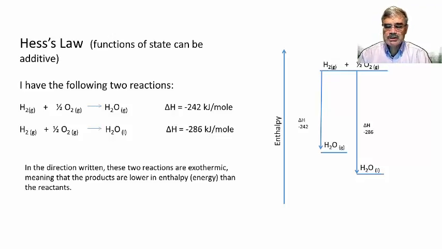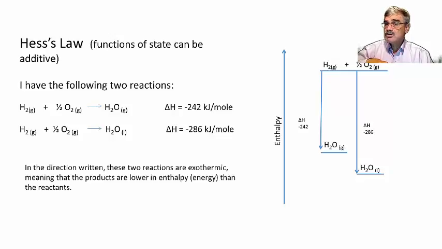Over to the right, I show an energy or enthalpy diagram, showing an energy level for hydrogen gas plus half an oxygen molecule, showing that if hydrogen gas and oxygen react together to form water, they will go downhill enthalpy-wise or energy-wise to a lower level for water vapor.